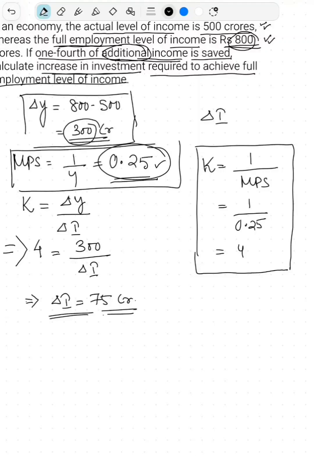How much is the MPS? It is 0.25. So 1 divided by 0.25, the multiplier comes out to be 4. Next, we have used another formula of multiplier, that is change in Y divided by change in I. Putting the value, multiplier 4 is equal to change in Y 300 divided by change in I. The answer of change in investment is 75 crore.